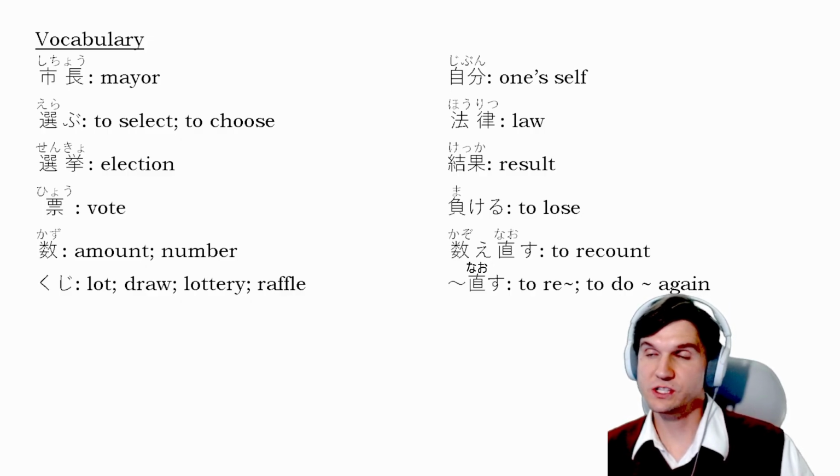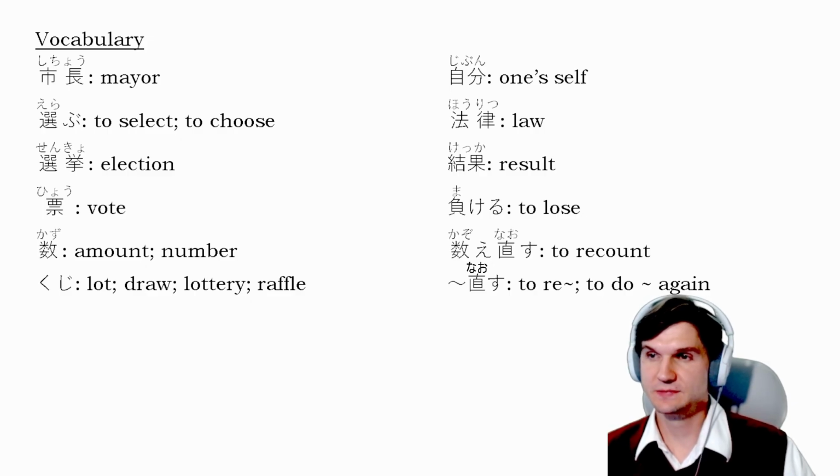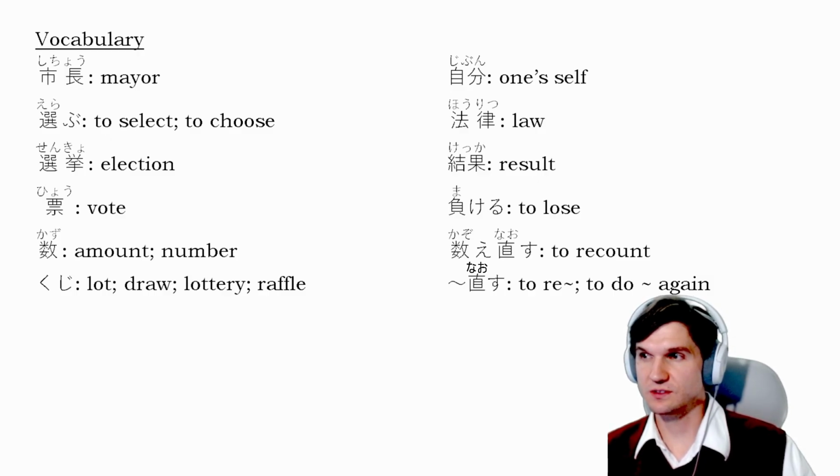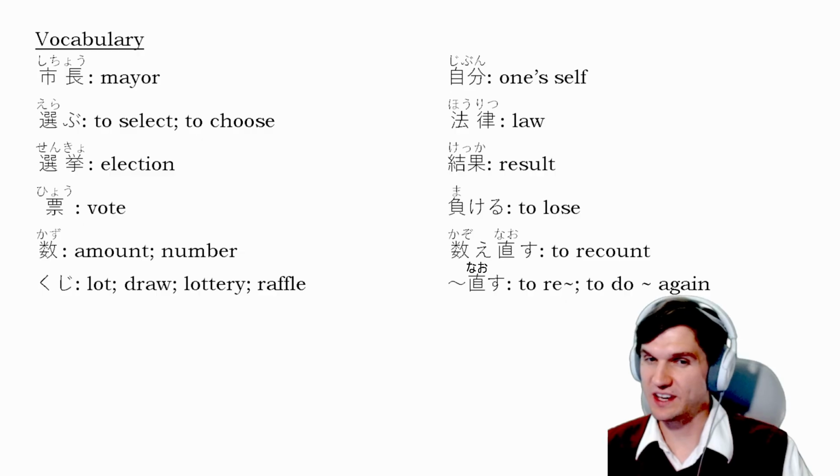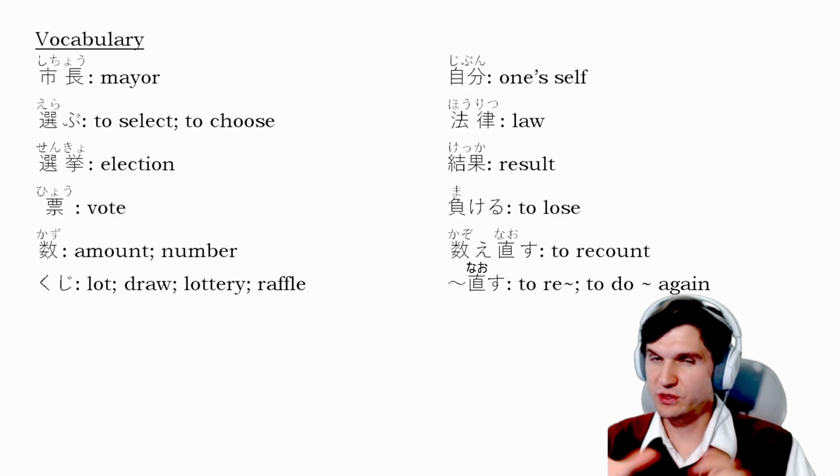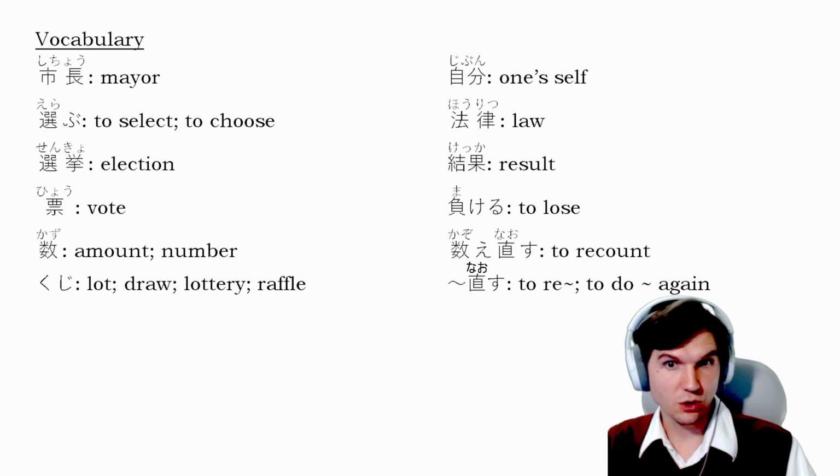Then we have 法律, a law. 結果 is result. 負ける is to lose. 数え直す is to recount. So we have the verb 数える, to count something, and then we put that in the ます stem and add 直す to it to mean do that again. This is a common thing with certain verbs.